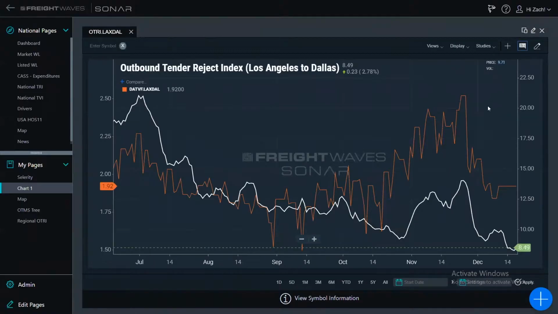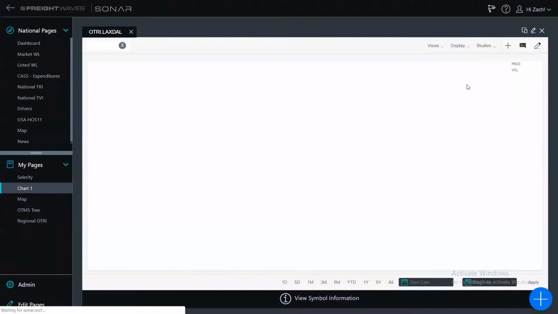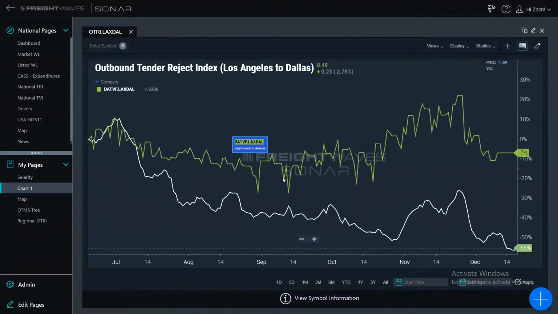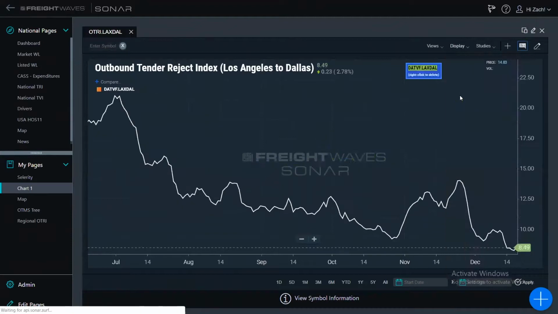I mean, with these two indices here that obviously have some sort of relationship together, tender rejections and rates, the relative index will also provide you that in a similar way. You can still see they somewhat move together, but you're not going to get that baseline relativity that you'll have with the dual y-axis feature.